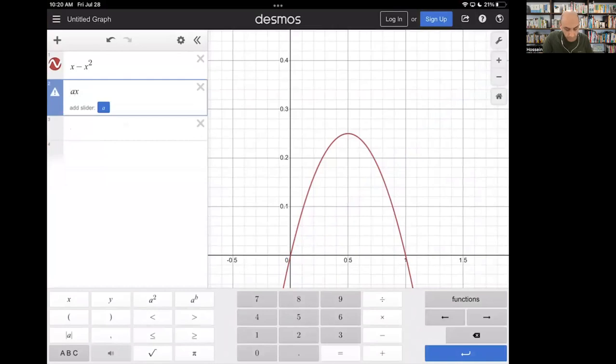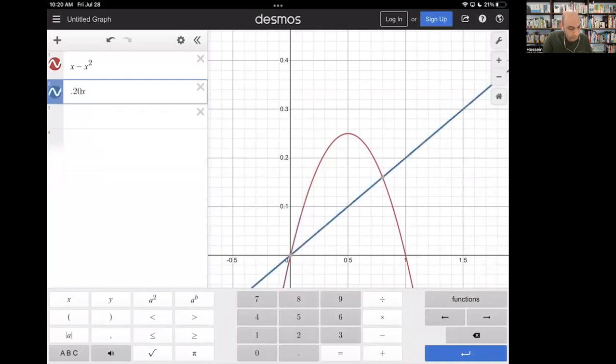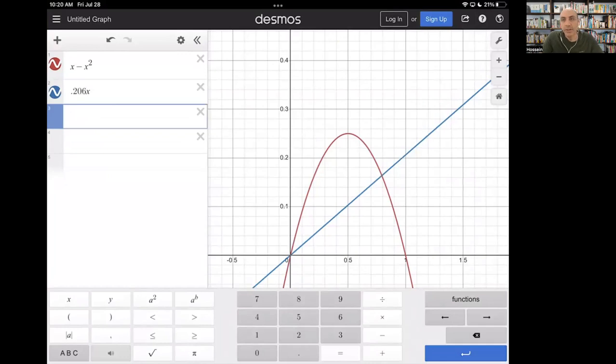Instead of a, I can say 0.206. As you can see here on this graph, the area above and below the straight line are equal using the slope equal to 0.206.